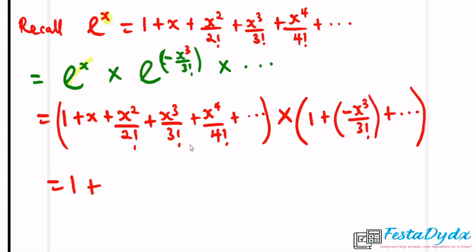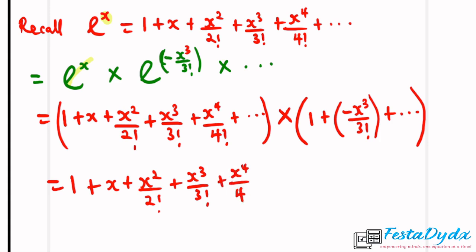I want to use all this term to multiply the first term here, then afterwards, we use all this term again to multiply the second term. So we're starting with the first term. We have 1 times 1, plus x times 1, plus x squared over 2 factorial times 1, then plus x cubed over 3 factorial times 1, which is the same as x cubed over 3 factorial. We have plus x raised to the power 4 over 4 factorial times 1, which is the same as x to the power 4 over 4 factorial.